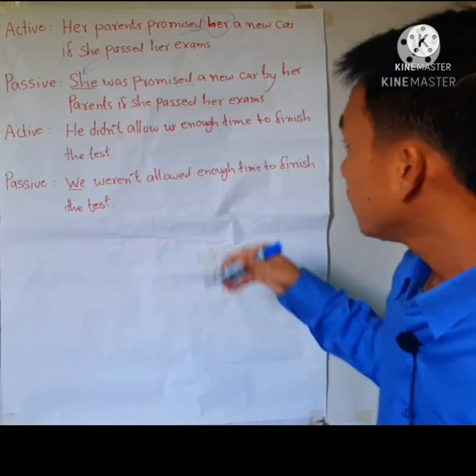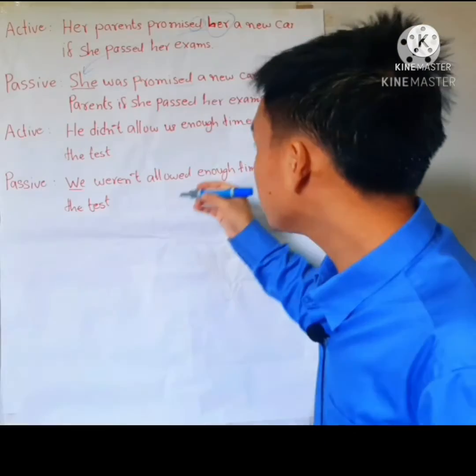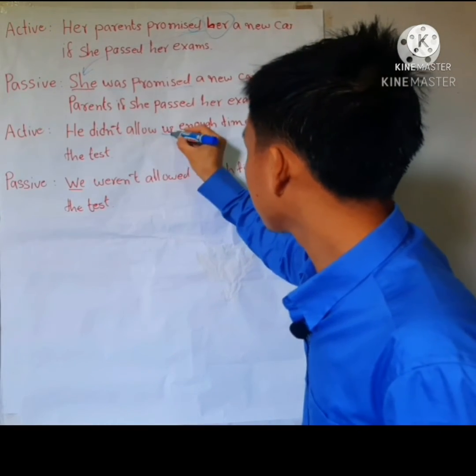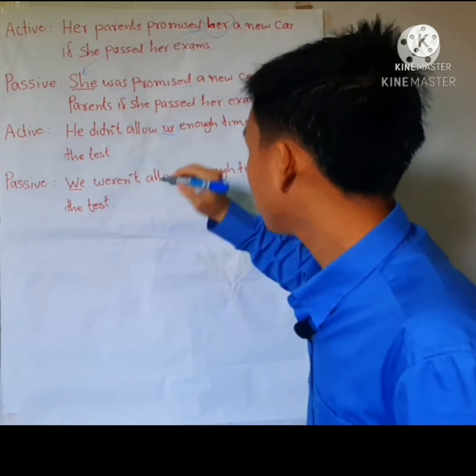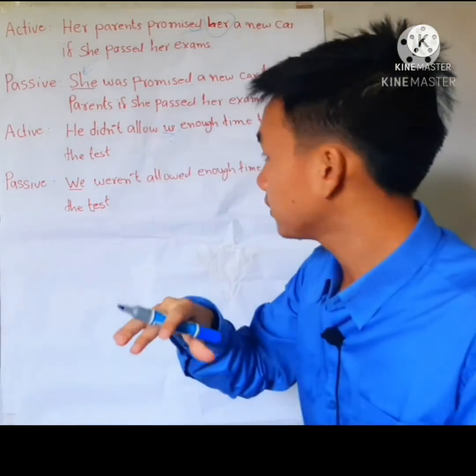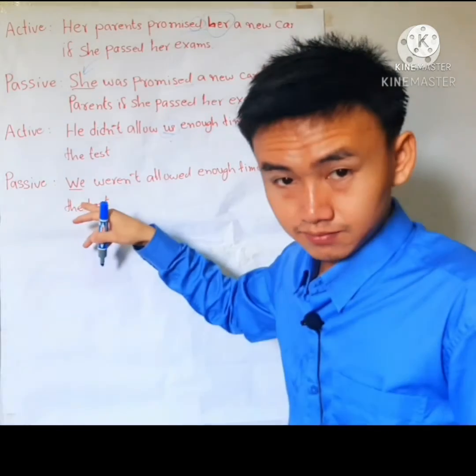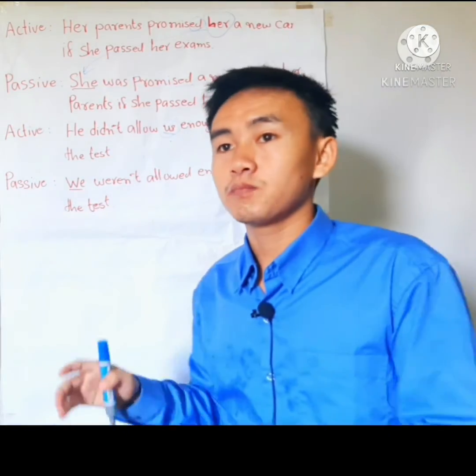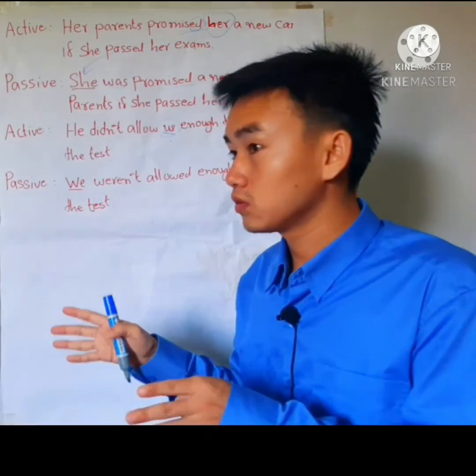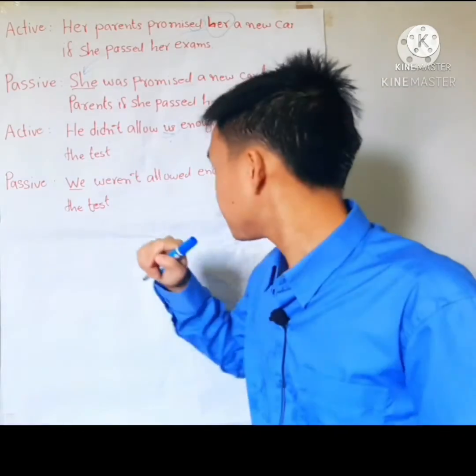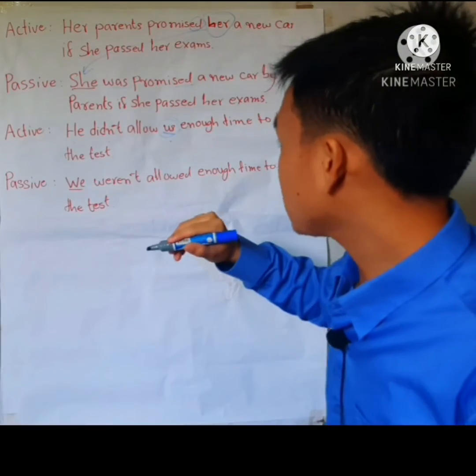In this one, once again, us is an object, right? So we should change it to we, because we use the pronoun we as the subject. Us cannot be, right?